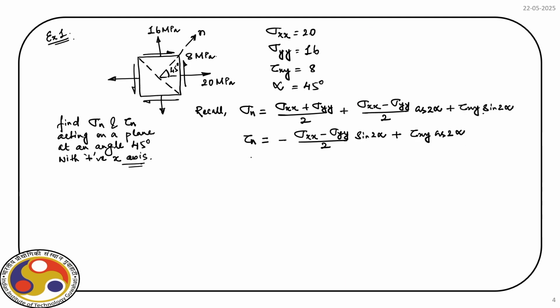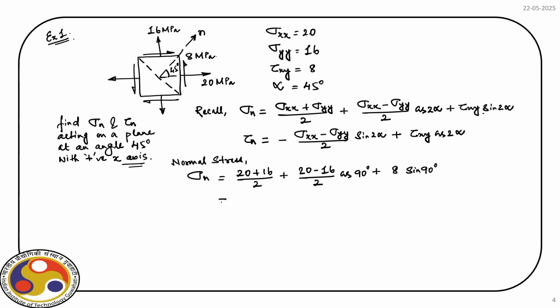Okay. So, normal stress sigma n will be equal to 20 plus 16 by 2, plus 20 minus 16 by 2 cos 90 degree, plus 8 sin 90 degree.